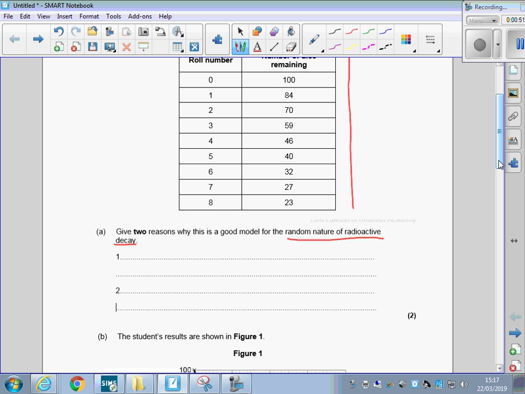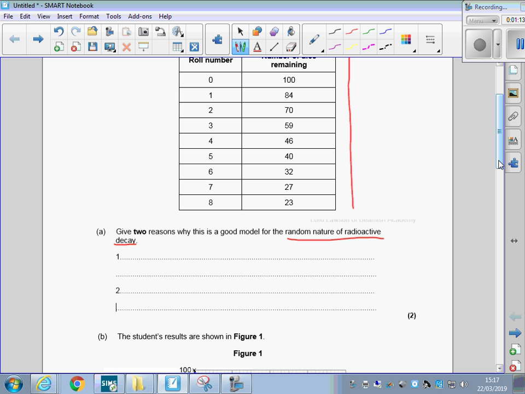And really the 2 key similarities here are that you can't tell when a particular dice is going to change, and you can't tell in a similar way when a particular atom is going to change, and you can't tell which dice is going to change, and likewise you can't tell on this model which dice is going to come up a 6.